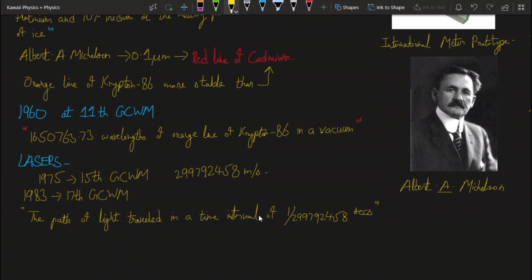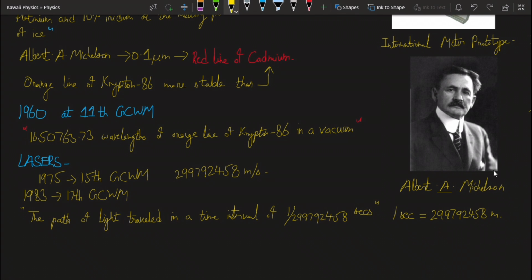Because at the 15th General Conference on Weights and Measures, they gave the conventional value to the speed of light, in meters per second. This is the value of the speed of light, so in 1 second the light travels 299792458 meters, right?